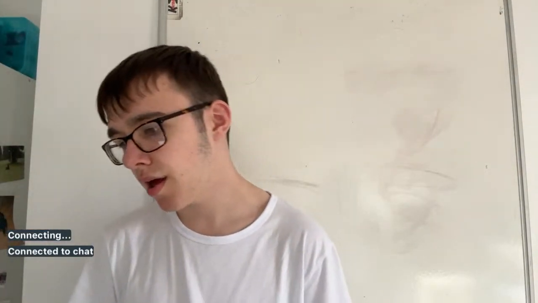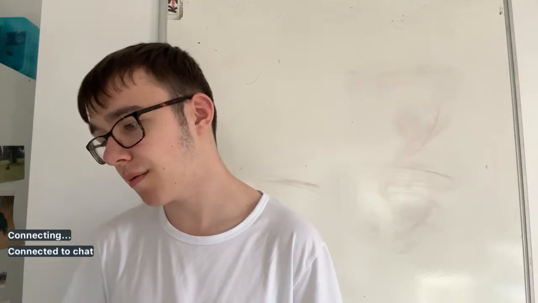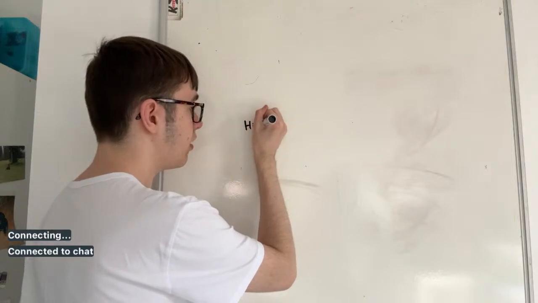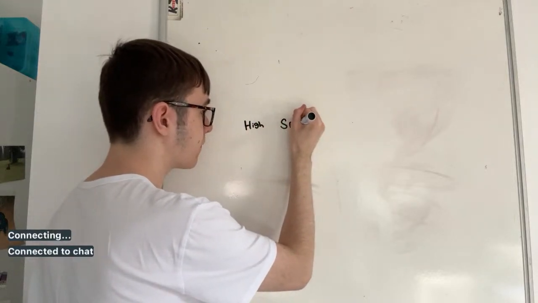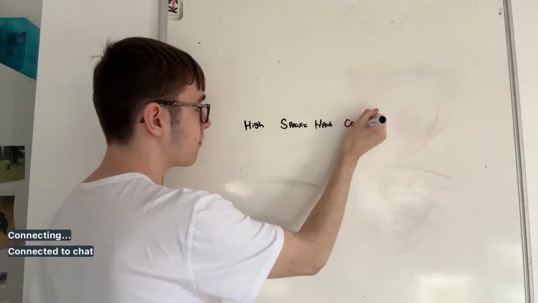2 marks again. State and explain the property of water that helps to prevent temperature increase in a cell. That is going to be high specific heat capacity.